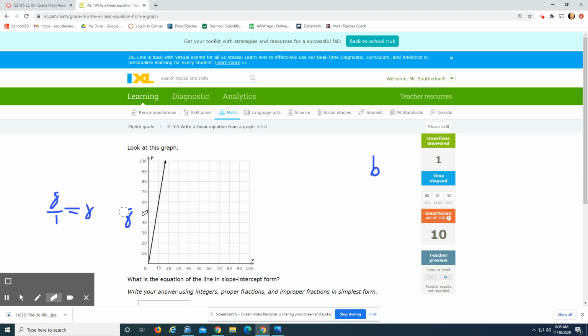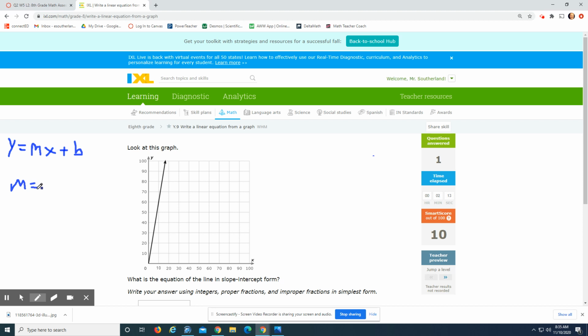And then you just start doing this all over again. So we're looking for, this is pretty important, y equals m for slope, x plus b. And so I always go, okay, the two things I need to know is what's m, what's b. b is the easier one to find, so I can see, oh, b is 0.